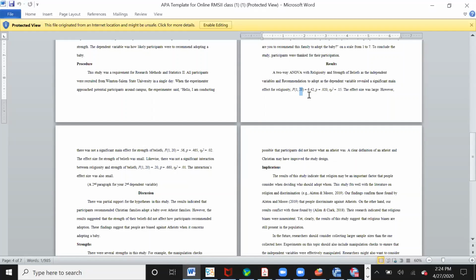If you're looking at the paper I have on my screen, the template, it's 1 comma, and then the next number is your degrees of freedom error. I'm asking you to look in your output in that F table and tell me what the degrees of freedom error were. There's a row where it says error, and then there's degrees of freedom.